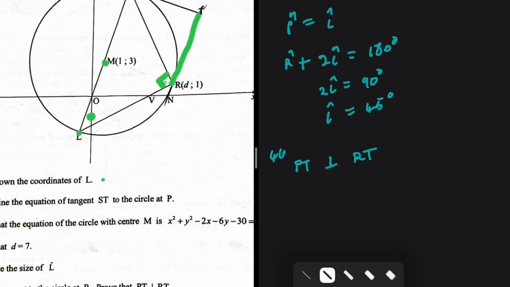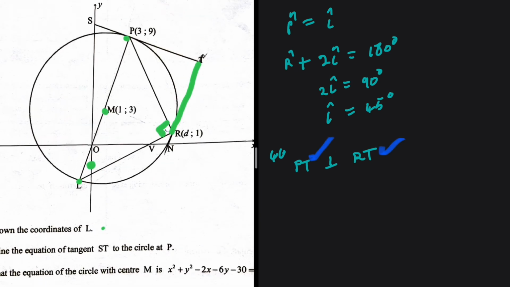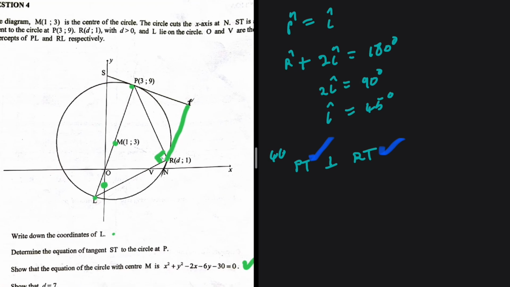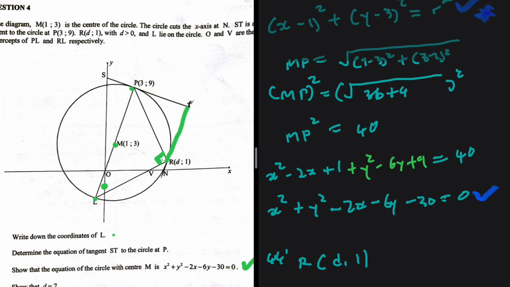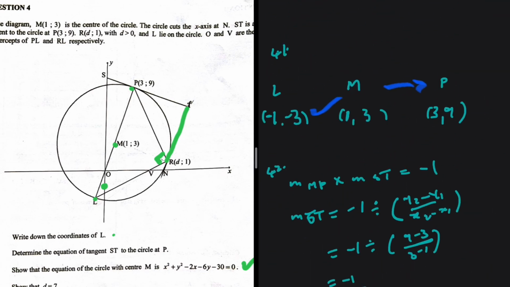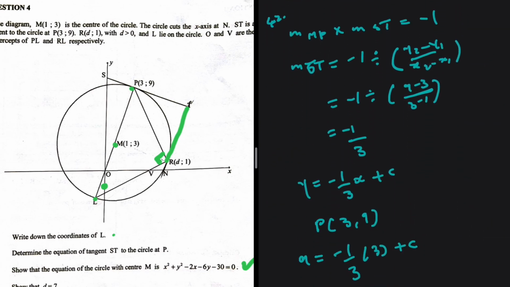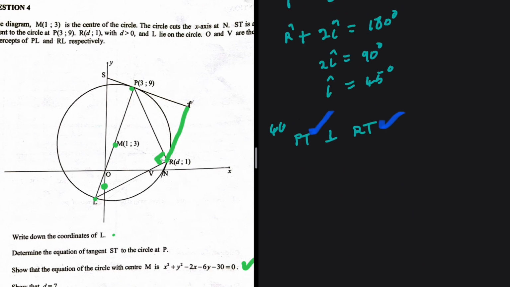I'm just going to find the gradient of PT and find the gradient of RT and compare the two. We do have the gradient of PT because PT, same as ST, is the same line. So let's just go up and see what that gradient is equal to. Minus 1 over 3. So the gradient of PT is equal to minus 1 over 3.